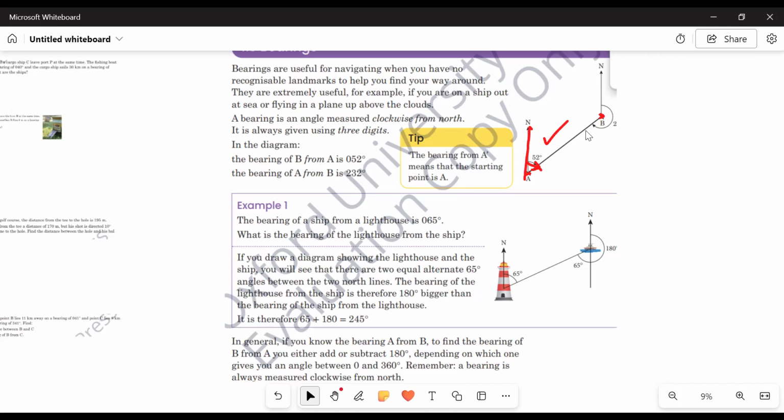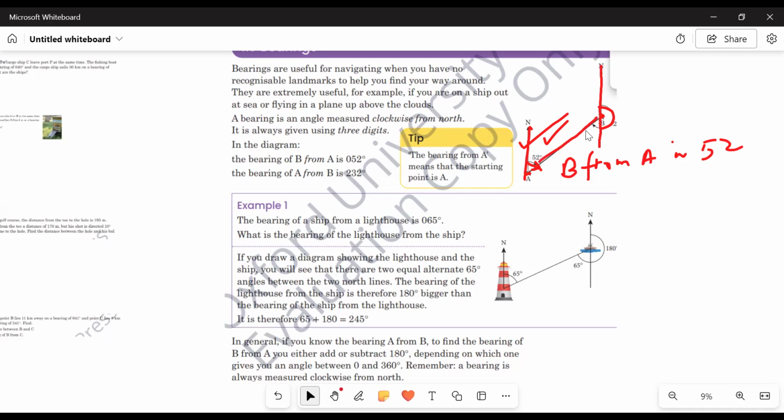And if we have to find the back bearing, it means the bearing of A from B. The bearing of B from A is 52. And when we have to find the bearing of A from B, we will add, and we will use this north-south line.